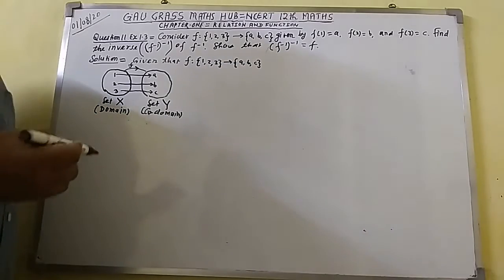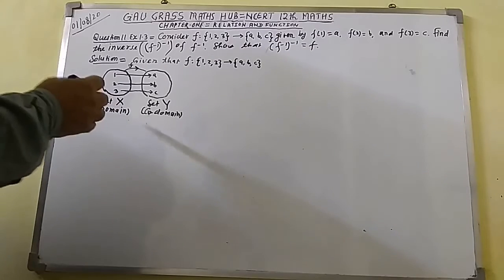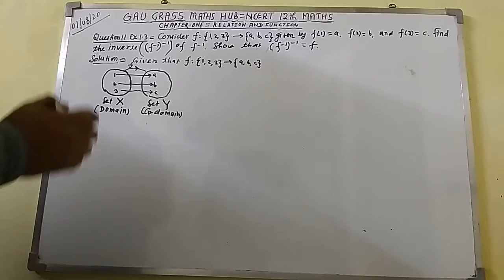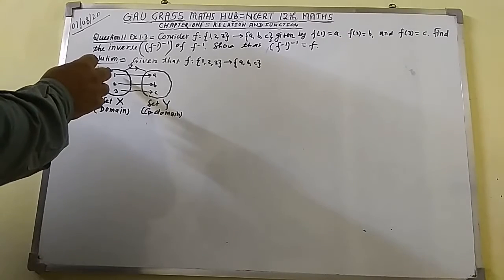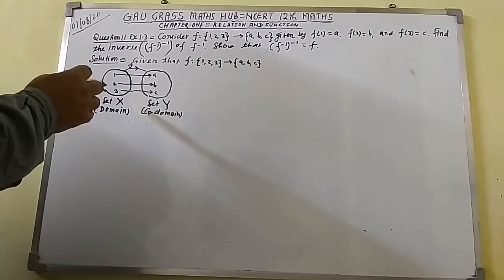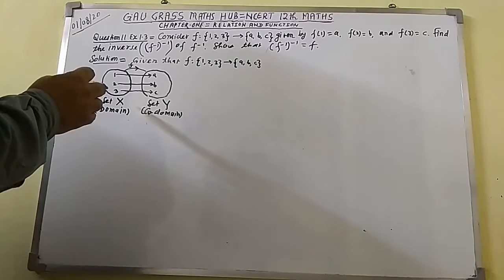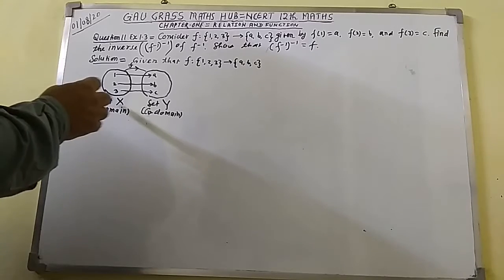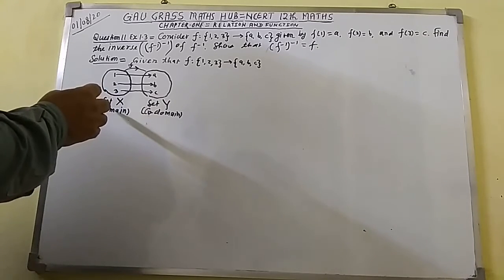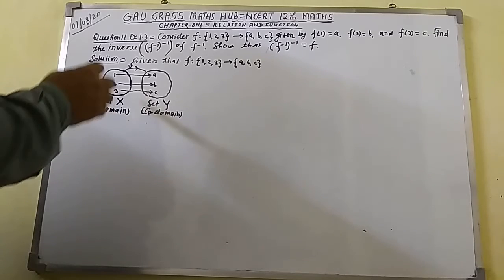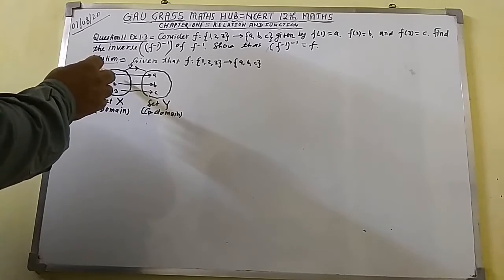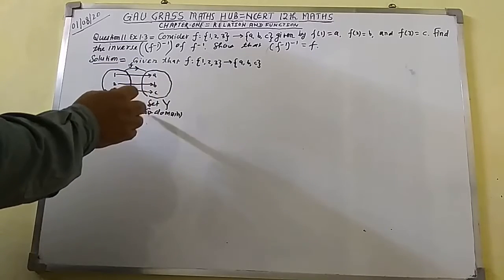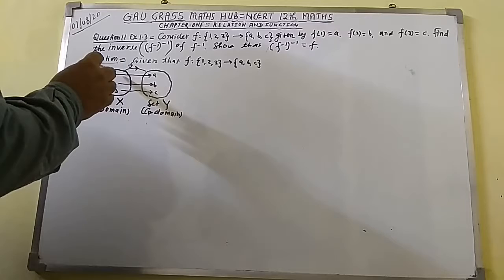So here you can see, you have to decide what type of function this is. Every element of set capital X, that is the domain, has its distinct image in set Y, that is the codomain.